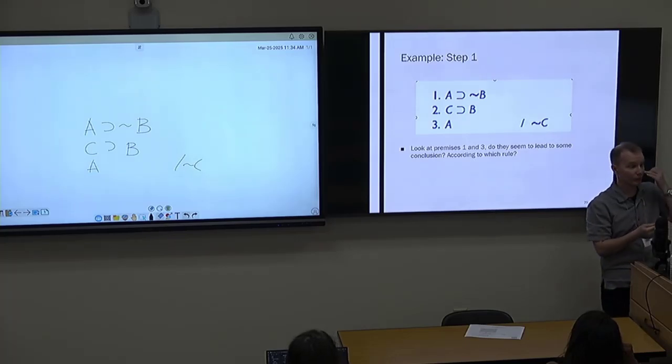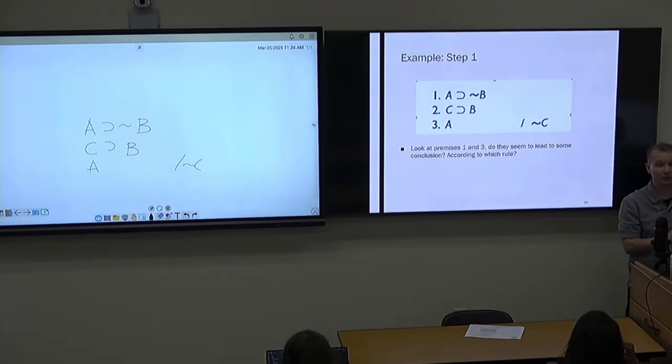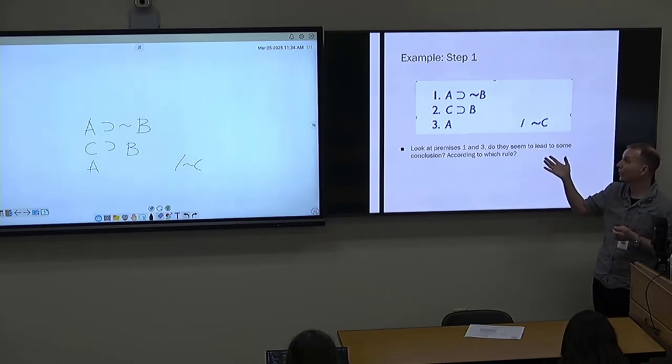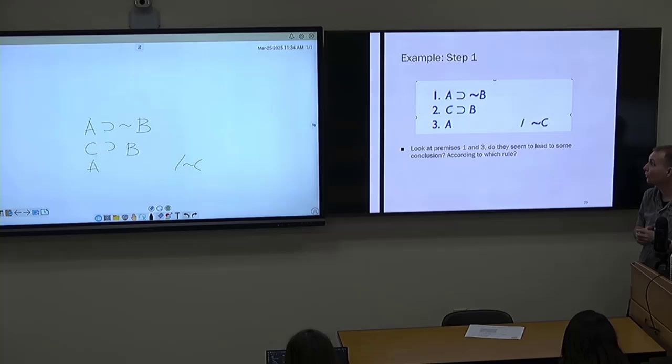So this is the first step. You symbolize your argument, you put the conclusion to the right. Look at premises 1 and 3. Do they seem to lead to some conclusion by themselves? Using the rules we just described, which hopefully you guys paid attention to.